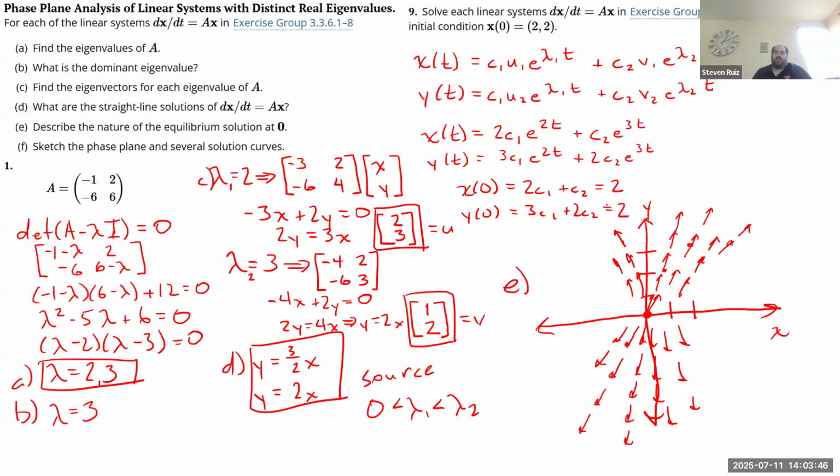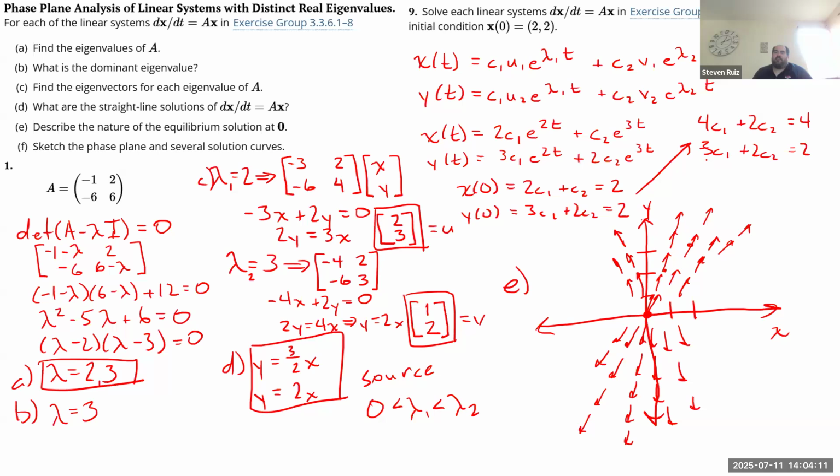All right, so what's a good way to solve this system? I'm going to double the first equation. I'm running out of space here, but that's okay. If I double that first equation, I get 4c1 plus 2c2 equals 4, and 3c1 plus 2c2 equals 2.